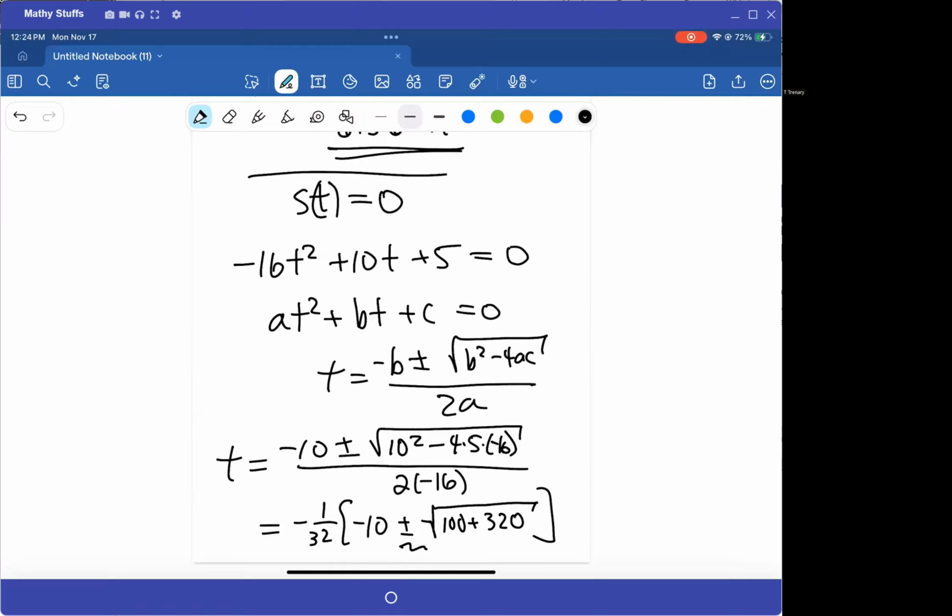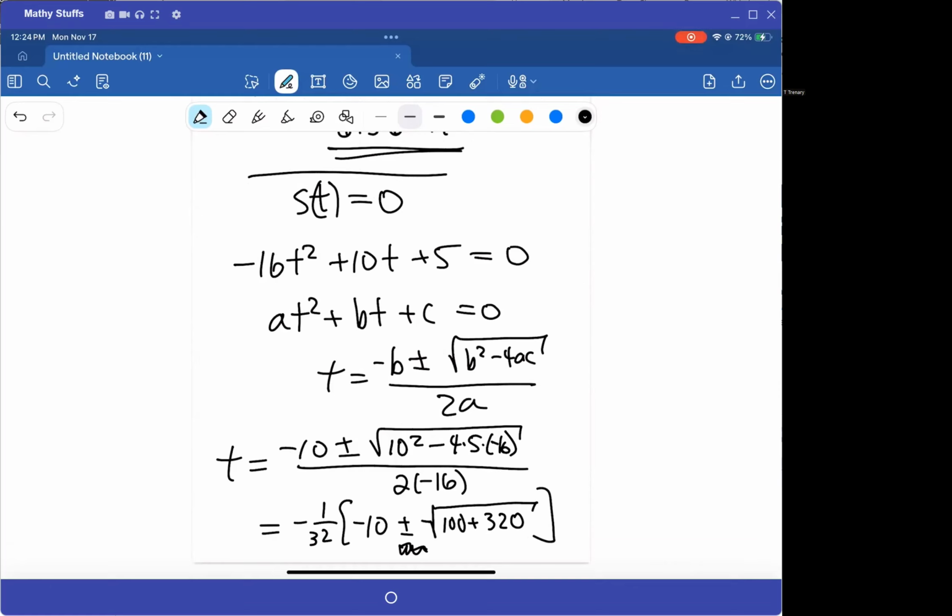Oh, actually, we do want the negative because we're going to divide through by a negative again, and that'll be the larger magnitude answer. So I'm going to start this over. I take 420 square rooted, and then the negative of that.